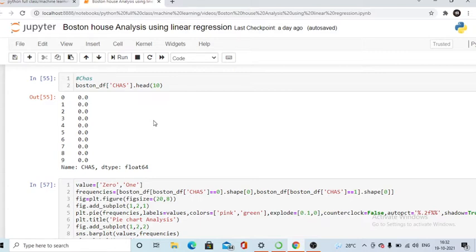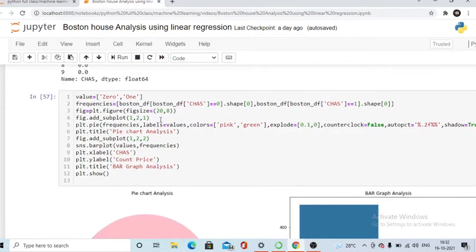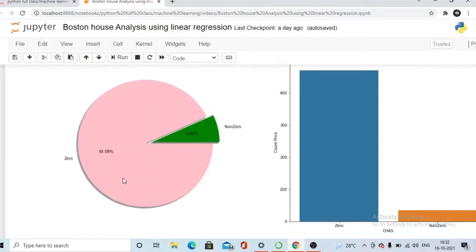Suppose you are going and seeing that there is river transportation also, so it will make the cost higher, right? So the value is equal to 0 or 1, and here I have done the calculation. This type of calculation you can do in two ways, that is a pie chart and a bar graph analysis. Here I have done both.